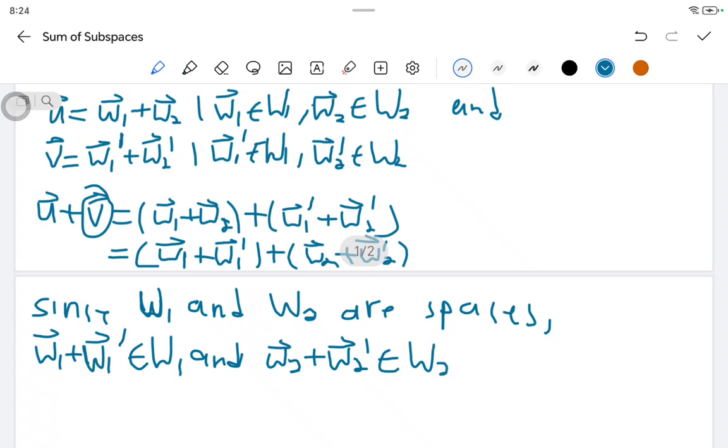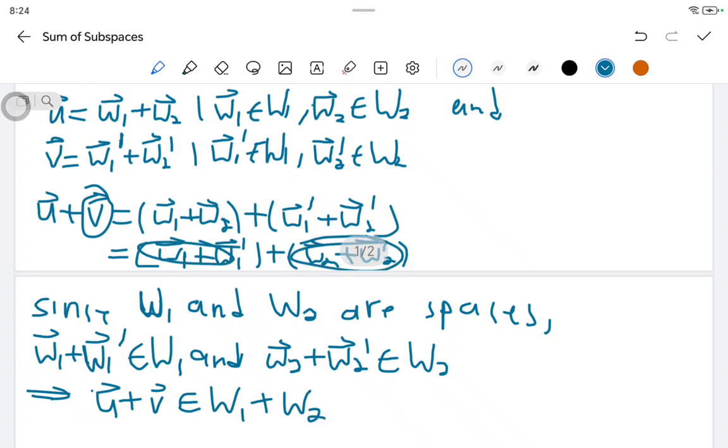So this implies that u plus v is an element of W1 plus W2.